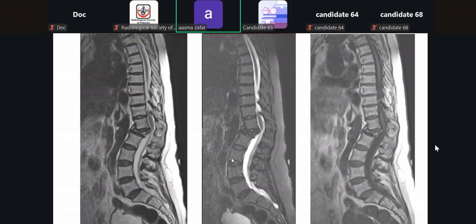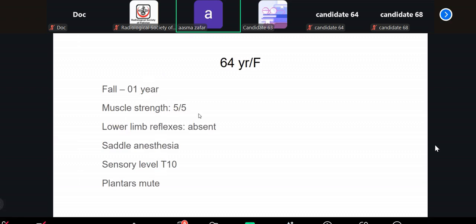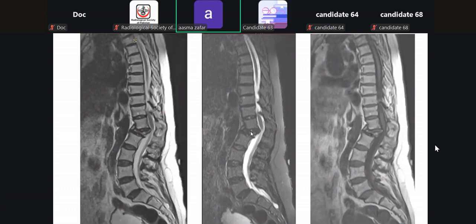You should look at the history: fall 1 year back, and she has saddle anesthesia, sensory level T10. So 1 year is not acute. There is no edema. Can you see any edema here? No. Nobody would present a simple post-traumatic collapsed vertebra with this spinal stenosis.